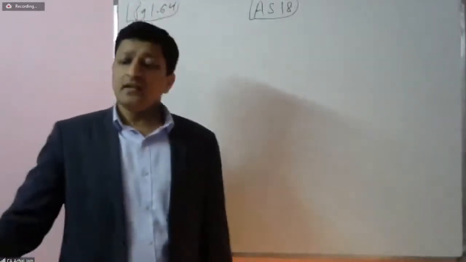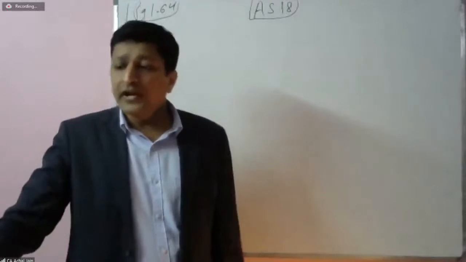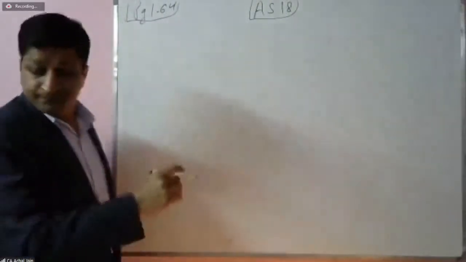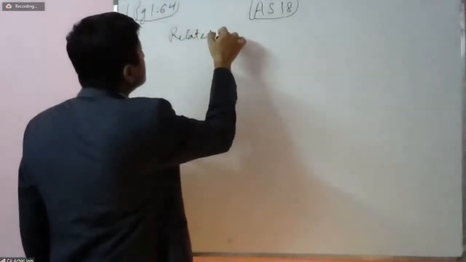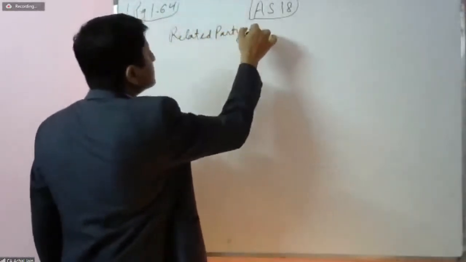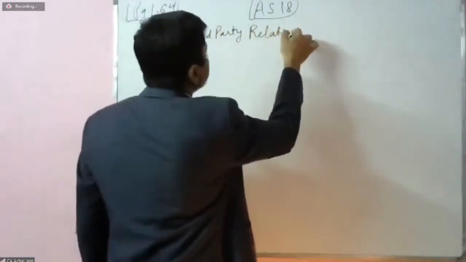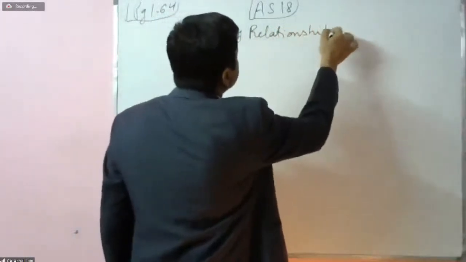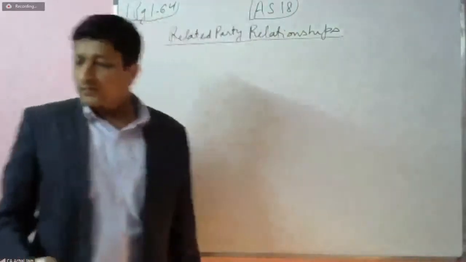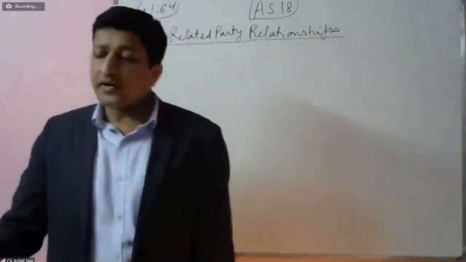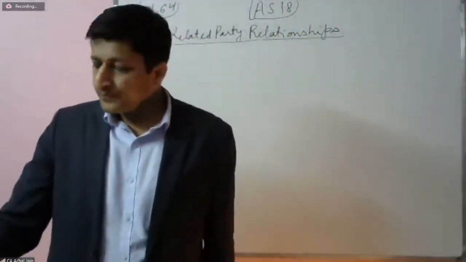This standard deals with five types of related party relationships.